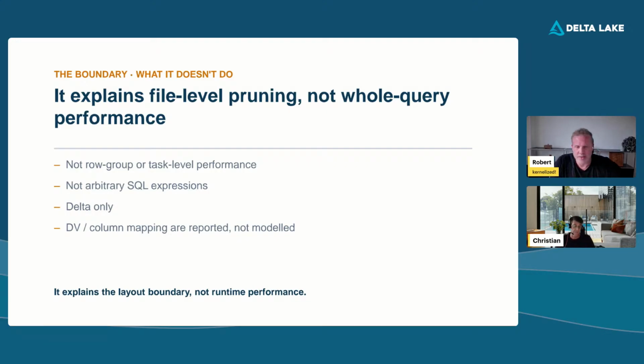Another thing is that the tool works with Delta only. That means if you want to use it with Iceberg, it doesn't work, obviously, because I work just with Delta Lake.